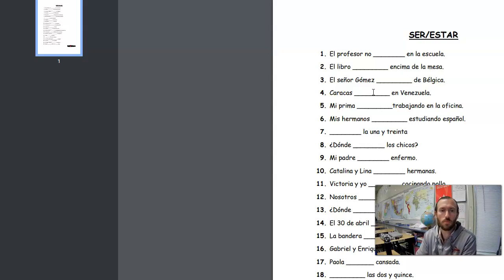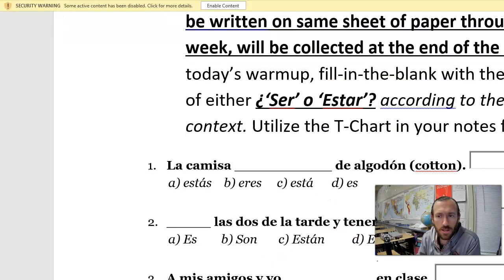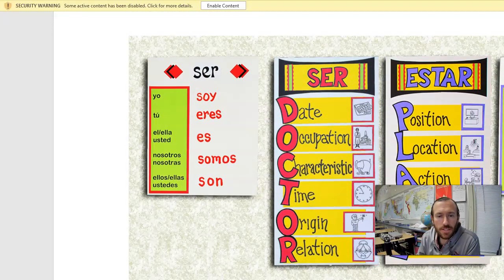So for example, number 1, el profesor no blank en la escuela. The teacher is not at school. You're going to look at that handy-dandy T-chart that we looked at for our notes. You're going to say, okay, is that talking about position, location, action, condition, or emotion?